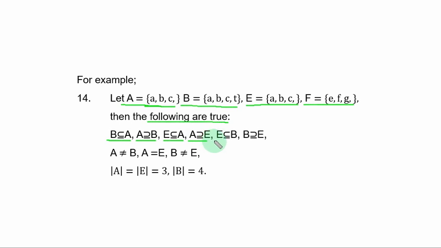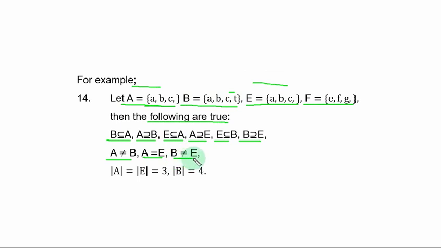E is a subset of B. B is a subset of E. And again, A is not equal to B. That is true because of element T. A is equal to E. That is true.